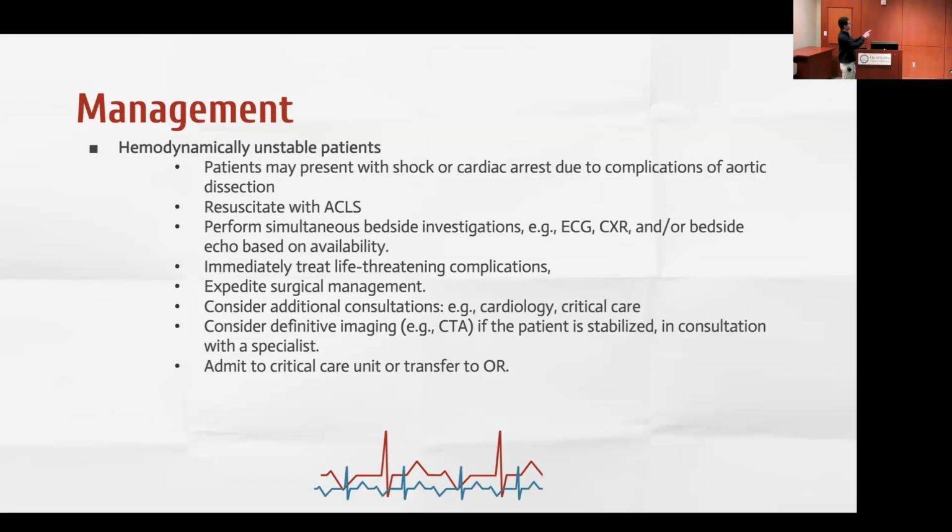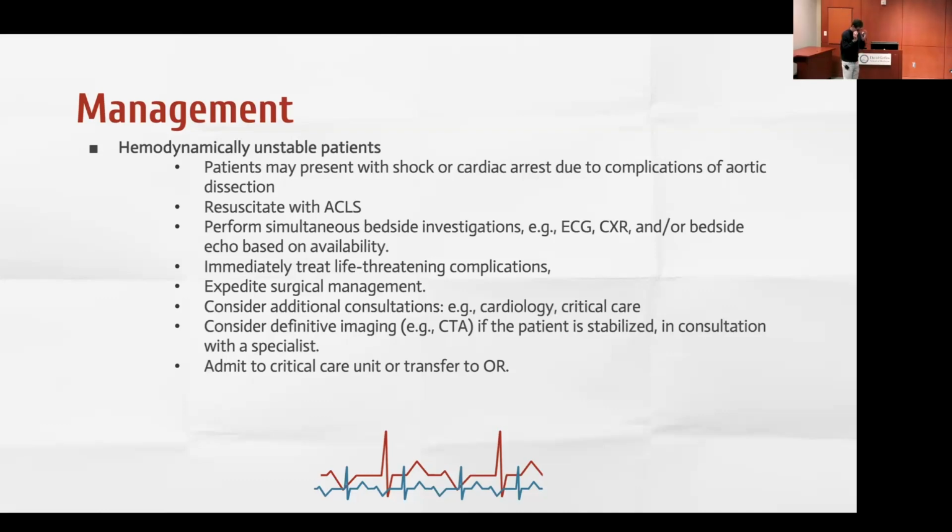If a patient is presenting to us with life-threatening conditions, we want to give them hemodynamic support. We want to manage especially cardiac tamponade, which can occur if there's a rupture of the adventitia. So we want to be considering all those factors.